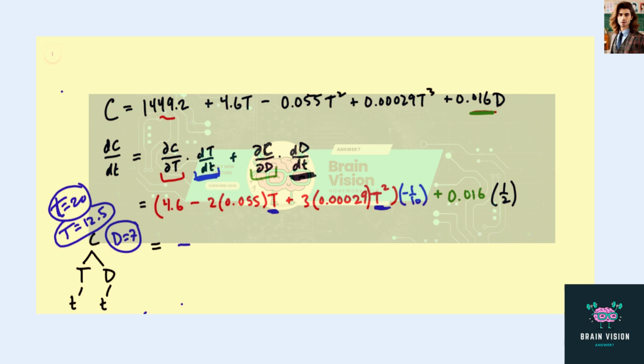I'm getting negative 0.328. Depending on what you put in for t, you'll get something slightly different, but that's a decent estimate.